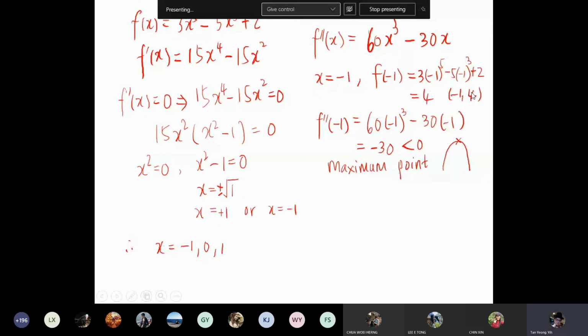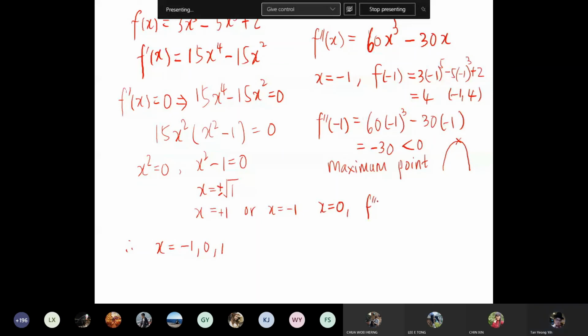Okay, now, same thing. Now I'm going to test for the 0. So substitute 0 here. We let the x be 0.